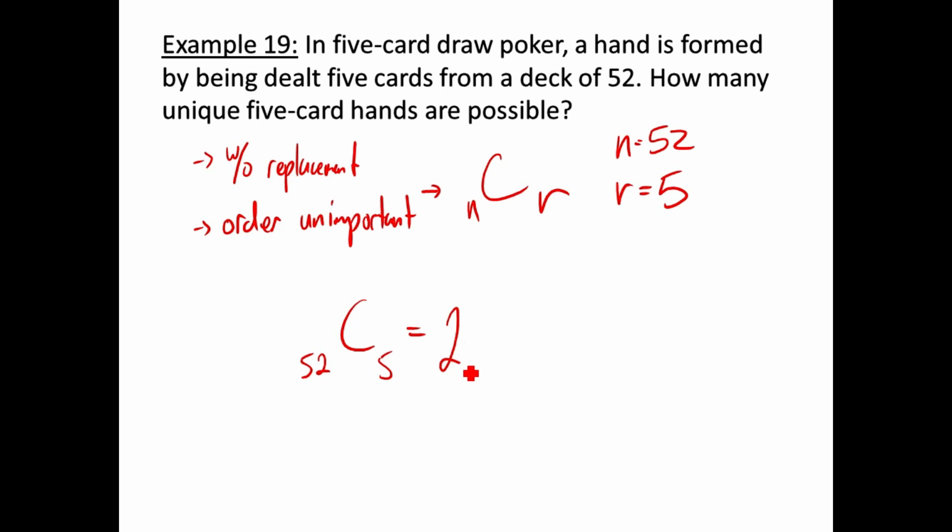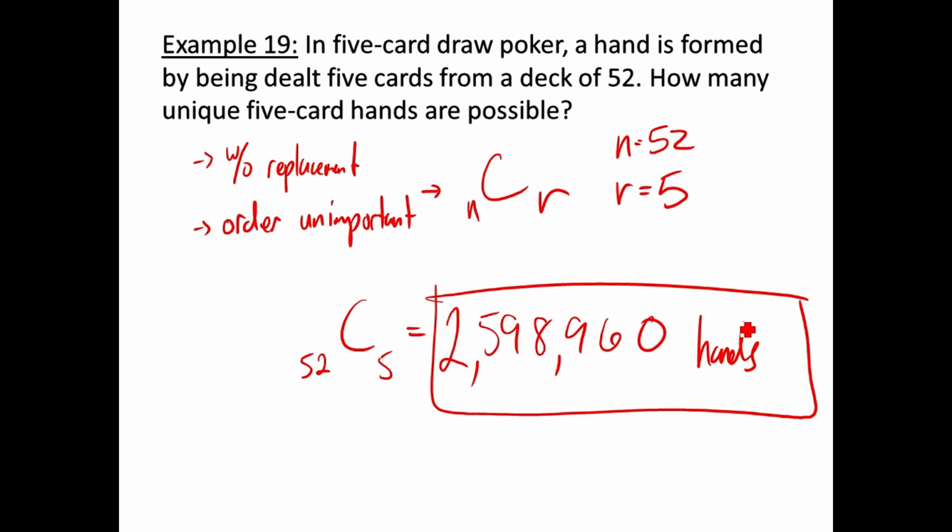Yeah, there you go. There are 2,598,960 possible hands you could be dealt if you're playing 5 cards. So check your calculator. You should be able to get that out of your combination button, 52C5.